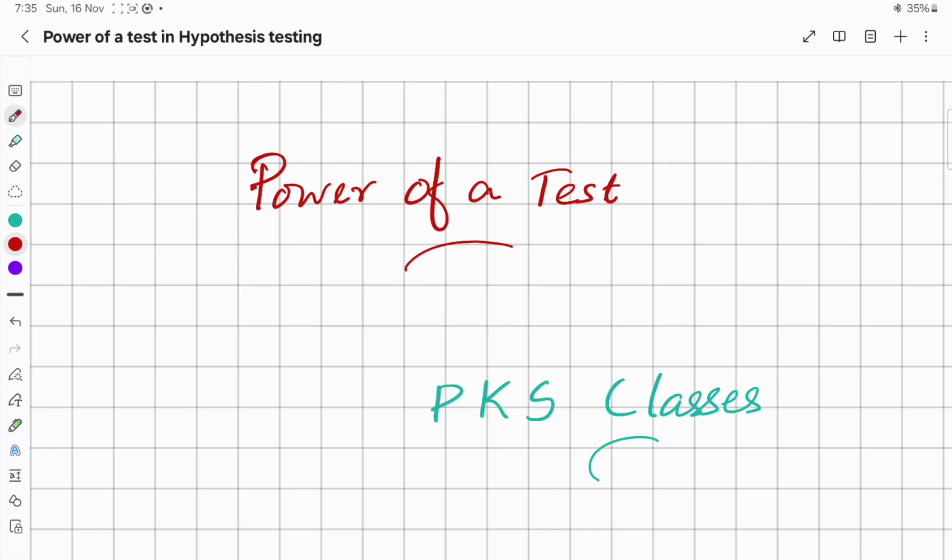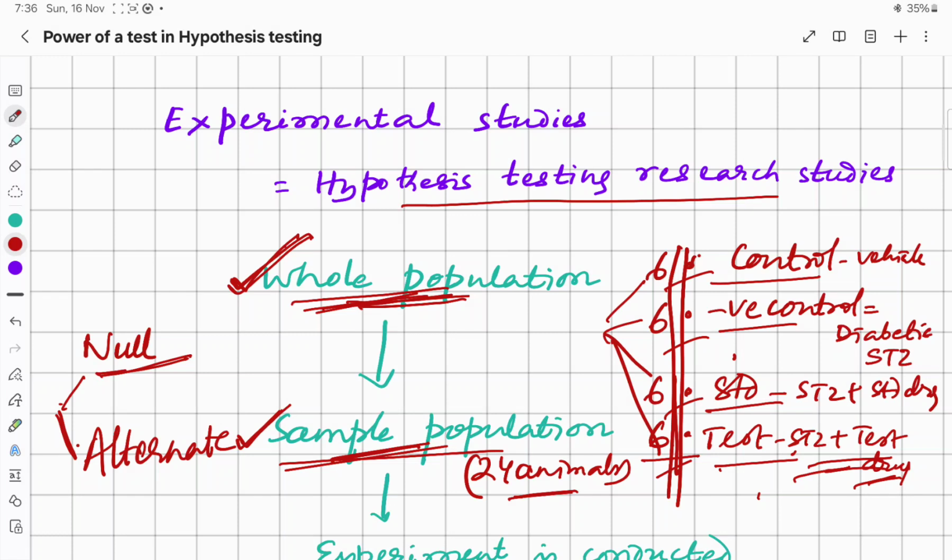Today we will study the power of a test during hypothesis testing. Hypothesis testing research studies are nothing but experimental studies.